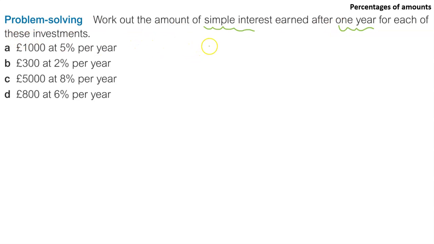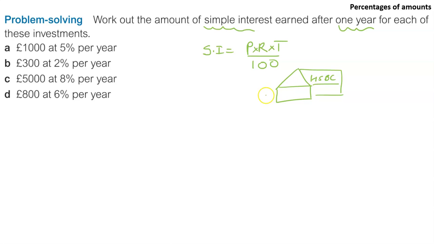So simple interest formula I can explain you is given by P times R times T over 100. Okay, what is P, what is R, what is T? So I can explain you with the help of example. Suppose this is a bank which is called HSBC, and somebody has deposited here 100 pound in this bank.